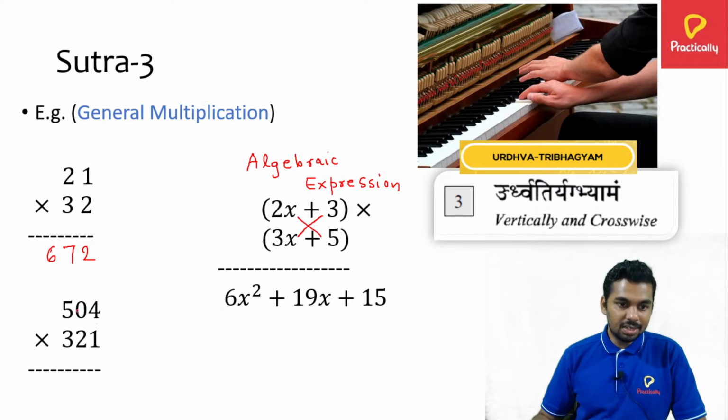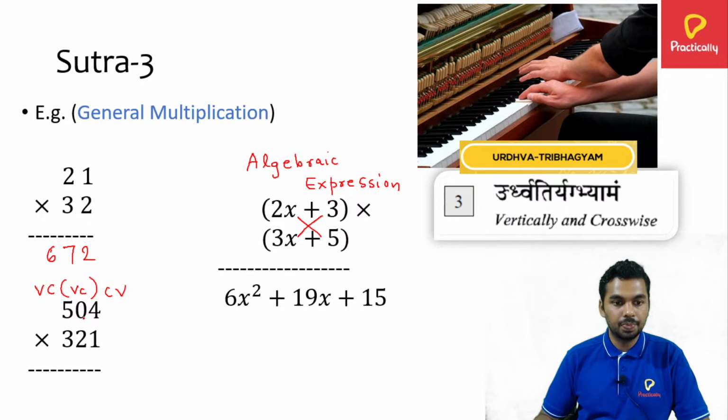Now our third problem is a 3-digit multiplication, 504 multiplied by 321. As we said, 3-digit multiplication is slightly different and the magic formula for that is VC, VC, CV.